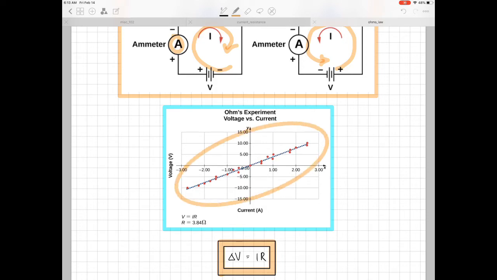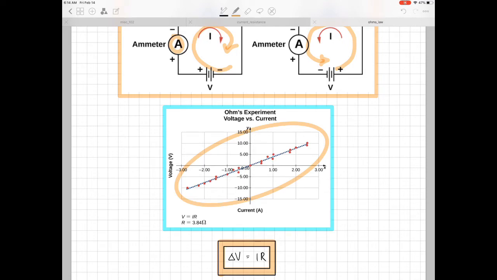And so you can see that on the vertical axis we have the voltage, and on the horizontal axis we have the current. I think in his actual experiment he might have plotted these the other way around because he was varying the voltage.